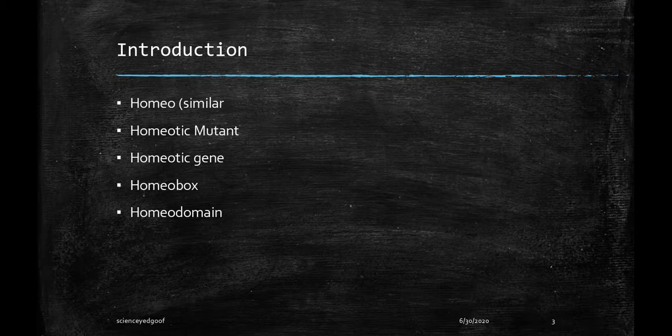And then you have the homeobox. These are conserved DNA sequences of about 180 base pairs, shared among many homeotic genes. This conserved DNA sequence encodes about 60 amino acids, which is referred to as the homeodomain.